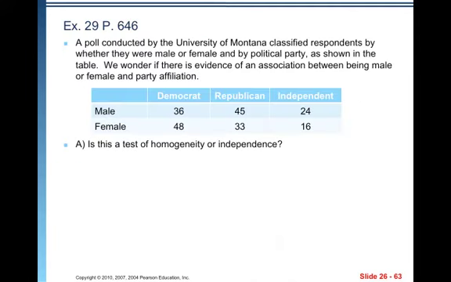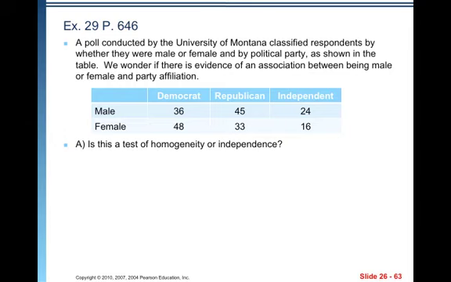All right, let's look at an example for our chi-square test of independence. A poll conducted by the University of Montana classified respondents by whether they were male or female and by political party, as shown in the table. We wonder if there's evidence of an association, that's another way of saying not independence, between being male or female and party affiliation.